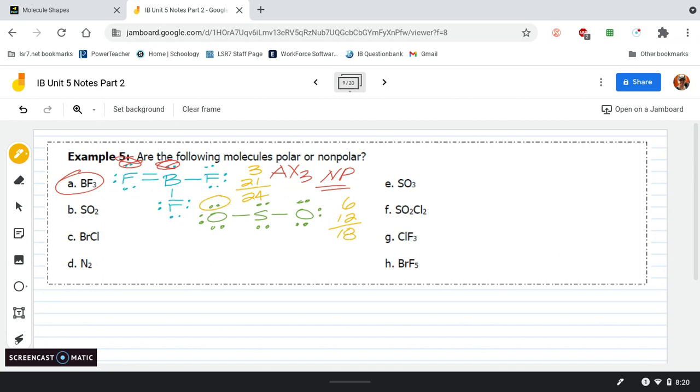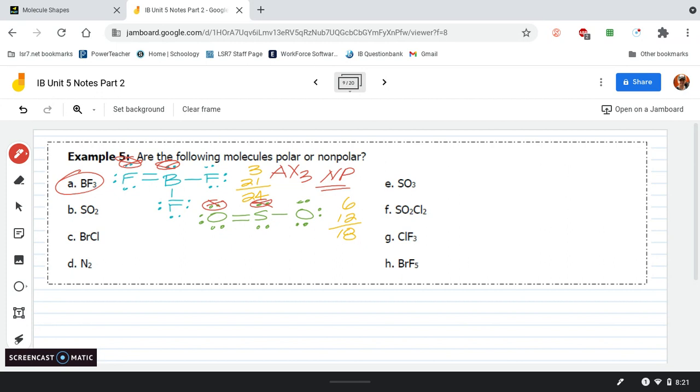So if you count this: 2, 4, 6, 8, 10, 12, 14, 16, 18, 20, then that's too many. So we're going to have to make a double bond somewhere to go down. So I'll just make it here. And then I'll just get rid of a set of electrons on each side. So now if you count it again, you're going to get 18.